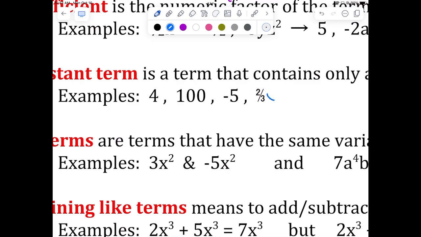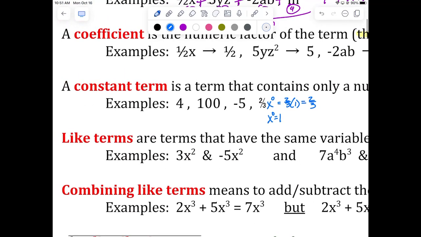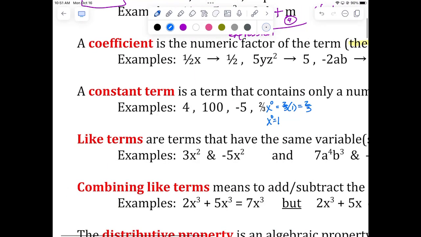If you want to think about them as having an x, they do have an x, but it's x to the 0. And what is x to the 0 actually equal to? 1. So 2/3 times x to the 0 is the same as 2/3 times 1, which is really 2/3. So that's why we say they're constants. They don't have a visible variable, because the variables are there and they're all to the 0 power.